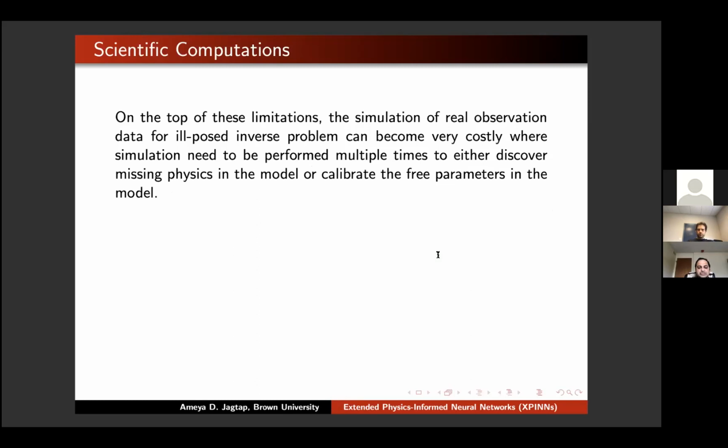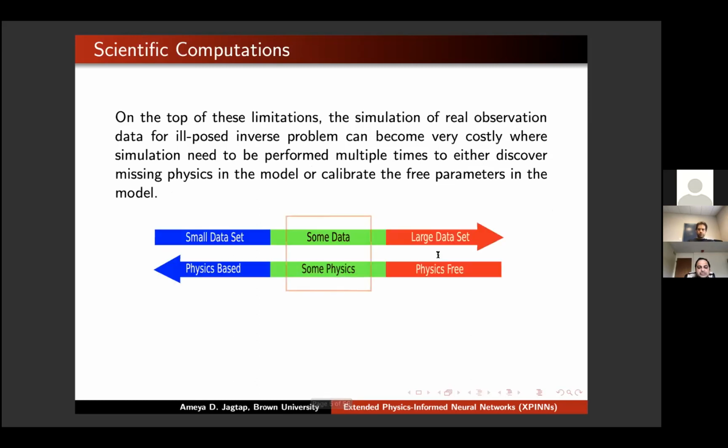On top of this limitation, simulation for real observation data for ill-posed inverse problems can become very costly, where simulation needs to be performed multiple times to either discover missing physics in the model or calibrate the free parameters. So basically, we are seeing this regime shown here in the green zone. This is an ill-posed inverse problem, a very interesting regime where we know some data, and at the same time, we also know some physics.